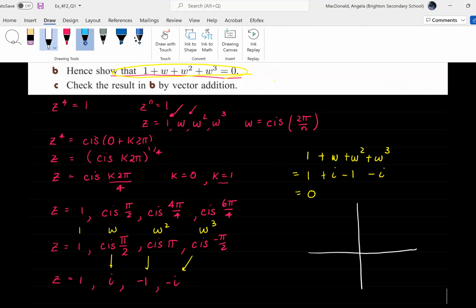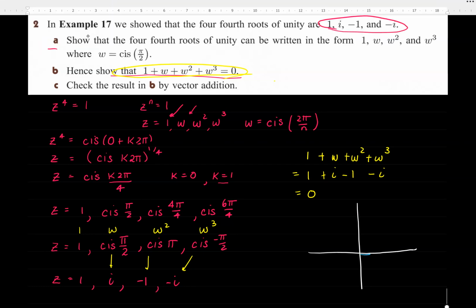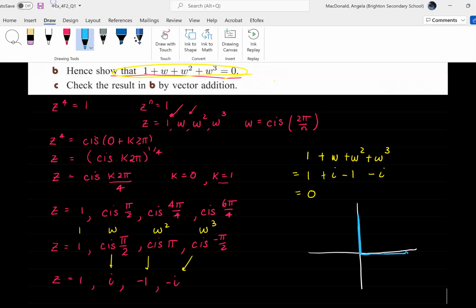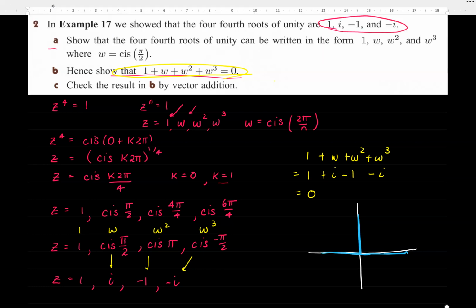So we've got 1, we've got i up here. We'll stick with the blue. So that's 1 on the imaginary. So we've got i, we've got minus 1, and then we've got minus i here and 1 there.